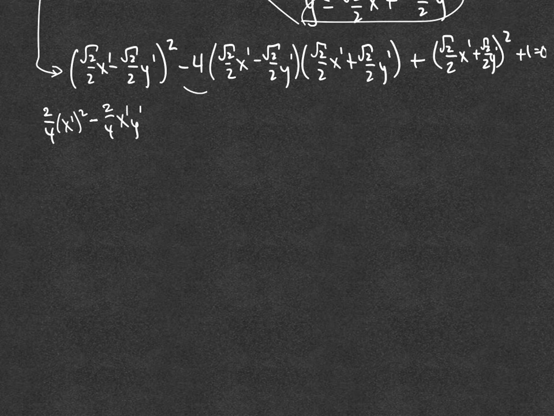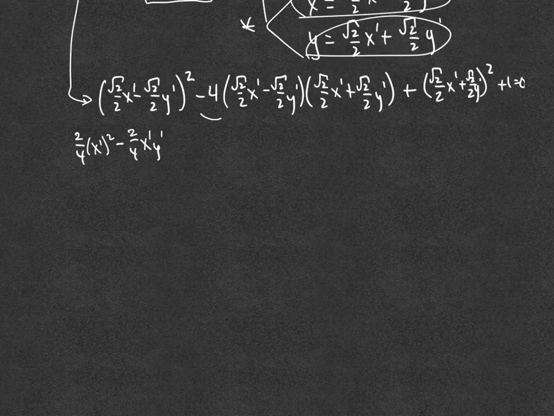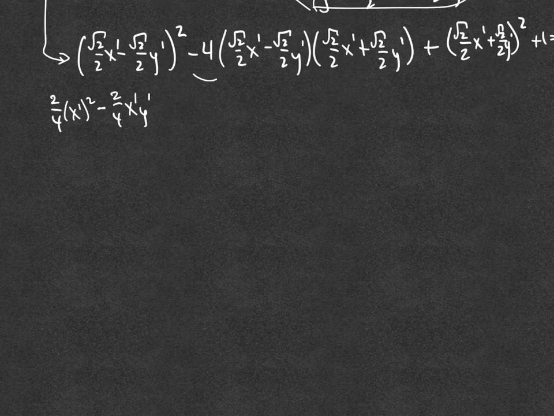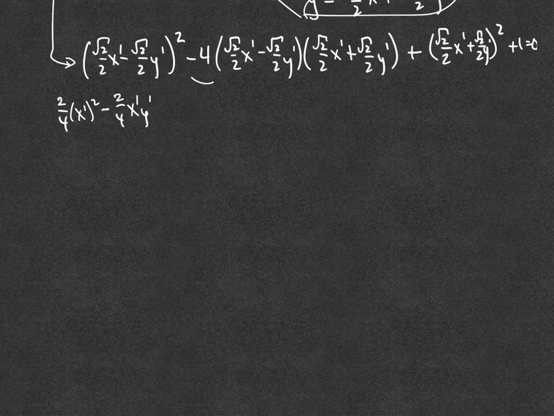And of course you could immediately reduce those 2/4 to 1/2 if you wished. And then the second term squared, a negative square root of 2 over 2 y prime times itself, is going to be positive, so positive 2/4 y prime squared.